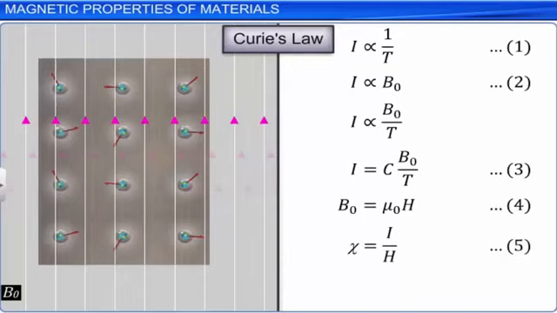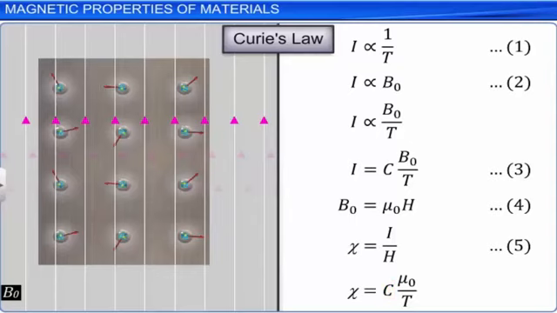Substituting equations 4 and 5 in equation 3, and on simplification, we get chi is equal to C into mu0 by T. This is known as Curie's law, where C is called Curie's constant. Let this be equation 6.